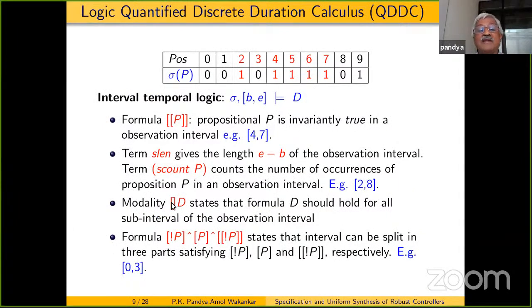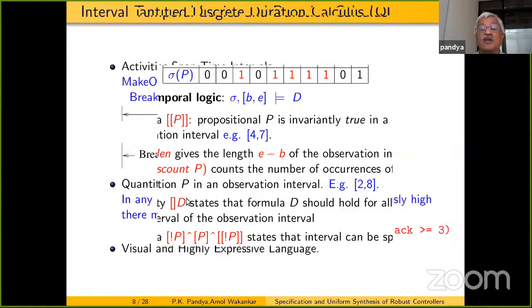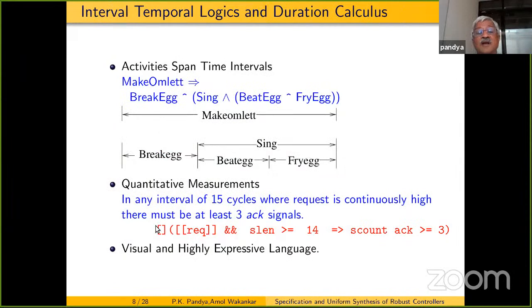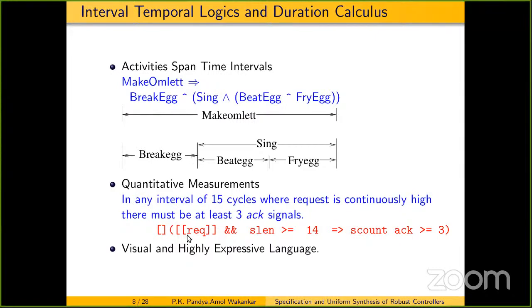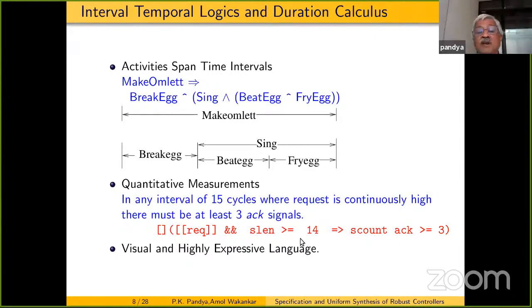Okay, and modality box says for all observable intervals, sub-formula D should hold. So we have vocabulary like this. So if I go here, it says something like this. Box says for all observable intervals within the behavior, if the antecedent of this implication is true, the consequent must be true.